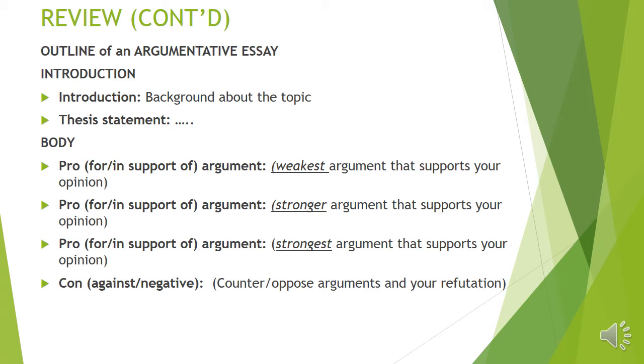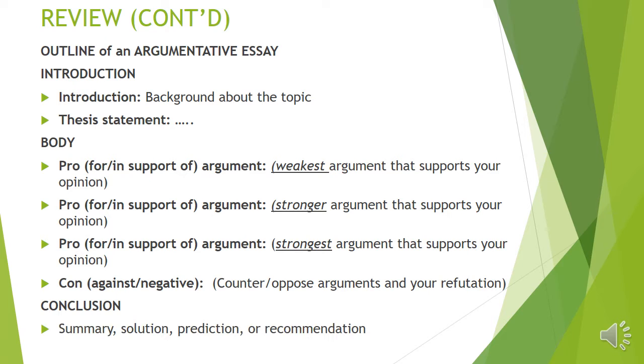You have to write what the people think, their counter or opposing arguments, and then your refutation, that the other people's ideas are illogical, are untrue, are not scientifically proven. And then you write the conclusion: summary, solution, prediction, or probably recommendation.